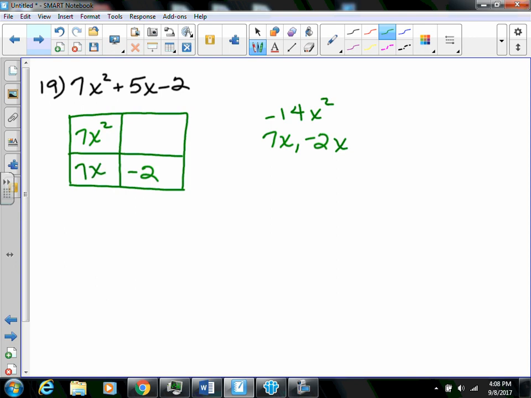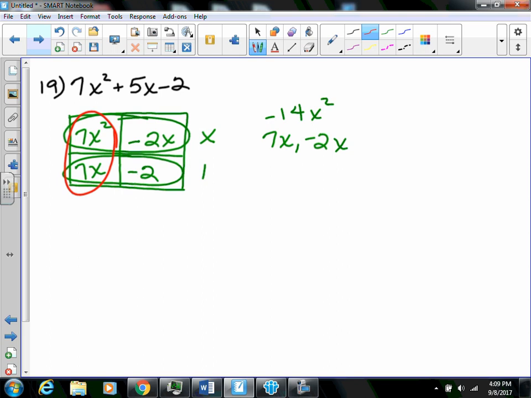Positive 7x, negative 2x. Now remember, you go across each row and down each column looking for the greatest common factor. So for this first row right here, your greatest common factor is a single x. And for the second row, your greatest common factor is 1. Now, we go down the columns looking for the greatest common factor.